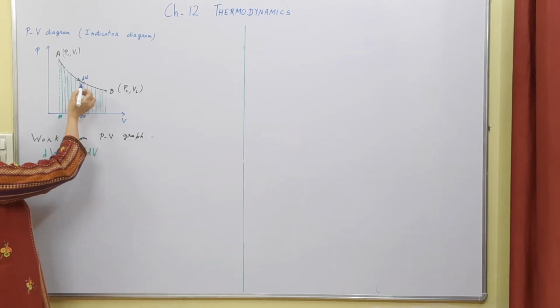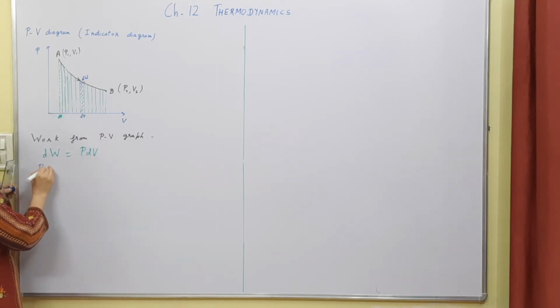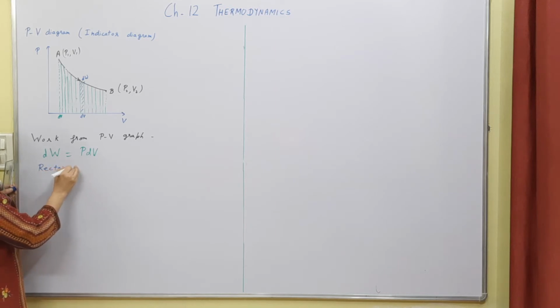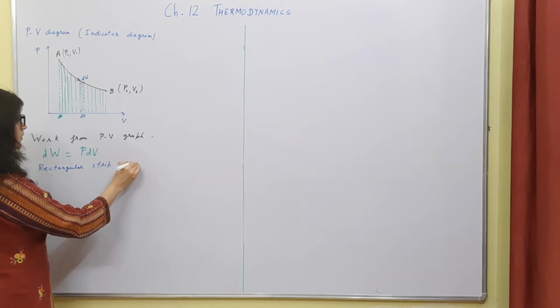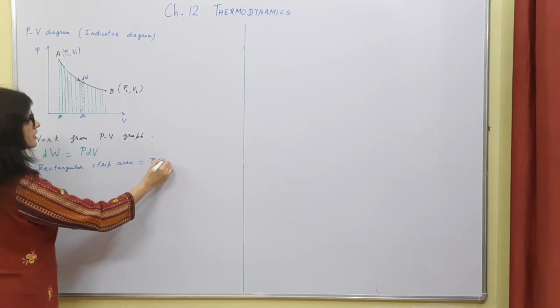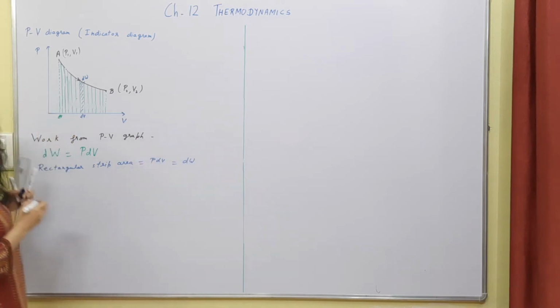Now how to find that? For this very small dV, this P can be considered nearly constant. So this can be considered as a rectangular strip area. This will be PdV, the small work done during this.